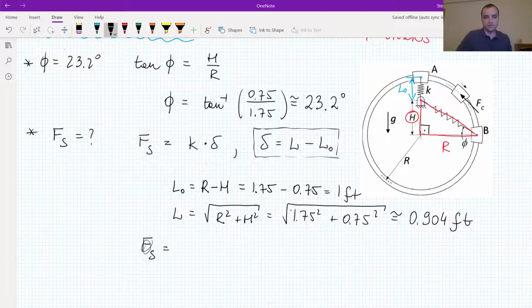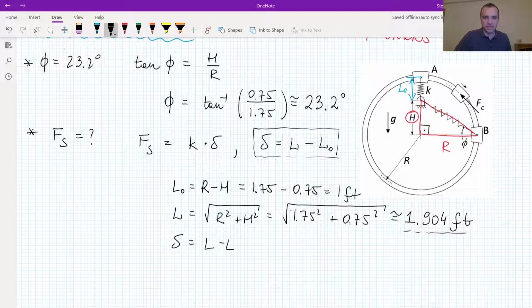Oh, sorry, my mistake, hold on, this is not 0.905 but 1.904. This is the correct value of L. So now our delta is L minus L0, and this is approximately 0.904 feet. Okay, sorry for that.